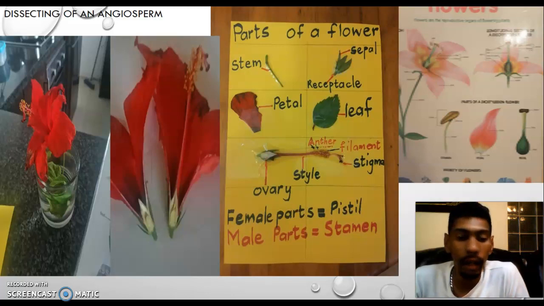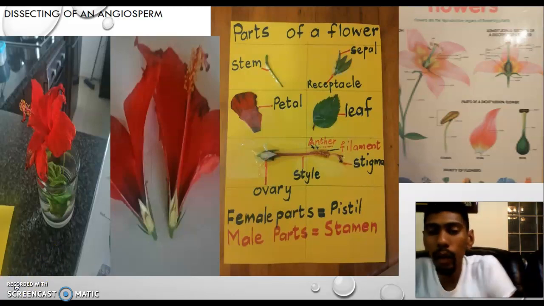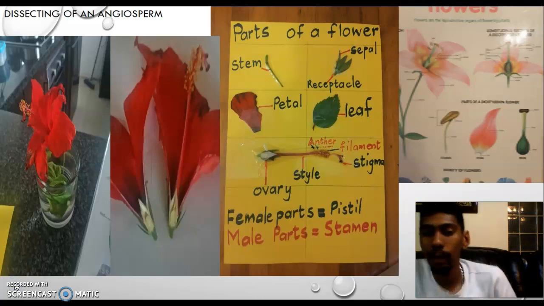The anther is the head-like part that helps stabilize the pollen, and the filament is a stem-like part that helps support the anther. Okay, and then we have the female parts, which is known as the pistil. The female parts consist of three parts, which are the ovary, the style, and the stigma.